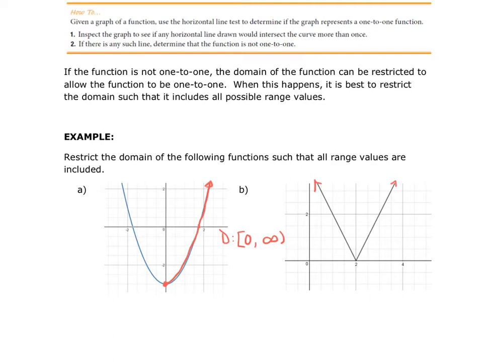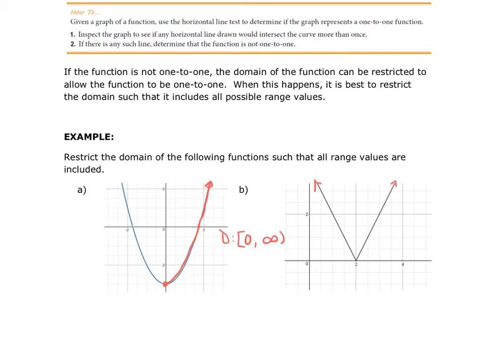On A, I chose this side, but I could have easily chosen this side. The same thing is true here: either I'm going to choose this right-hand side or this left-hand side. But I'm going to start it down here at 2, just like here I started it at 0.